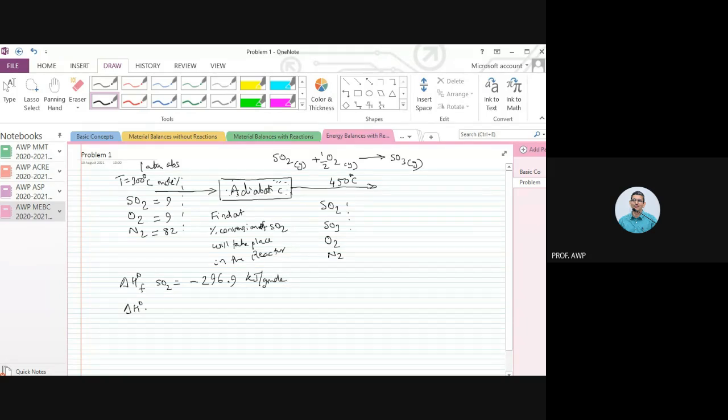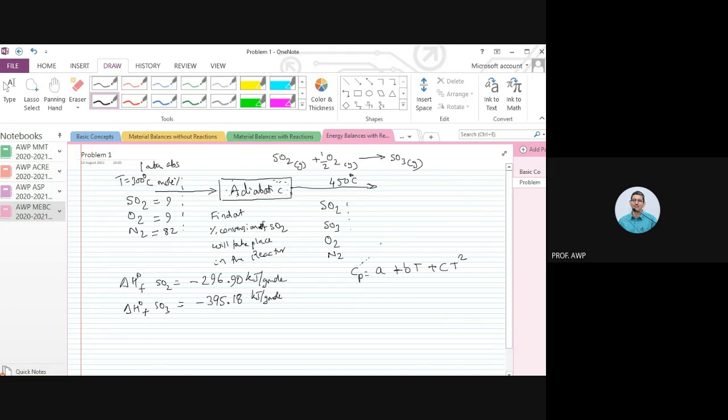Standard heat of formation of SO3 is minus 395.18 kilojoules per gram mole. I will also give you the Cp values. Cp is A plus Bt plus Ct square.